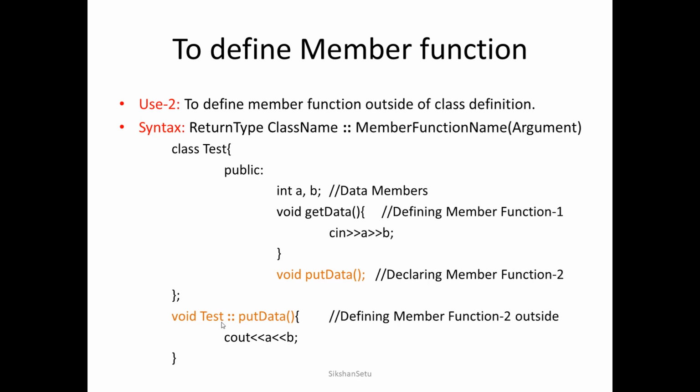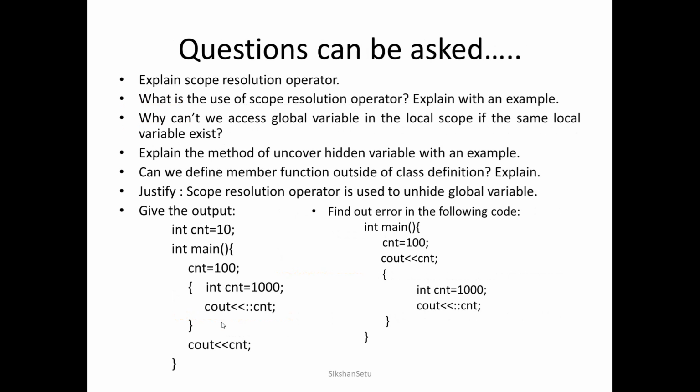Now from this topic, what questions can be asked? This is the list of some questions. In the exam it can be asked, like, explain the scope resolution operator, or what are the different uses of the scope resolution operator, to be explained with an example. Then they can ask you to justify the statement, and a list of questions are there.